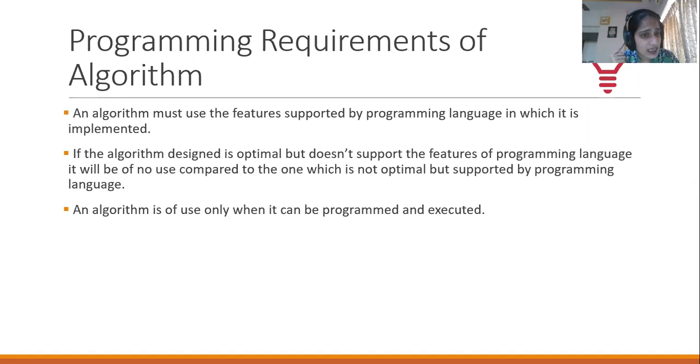But say something written in the algorithm is just out of the box for a programming language to support. Then, though that algorithm is very optimal on a piece of paper, or by explanation it looks like this is the best way by which this problem could be solved.